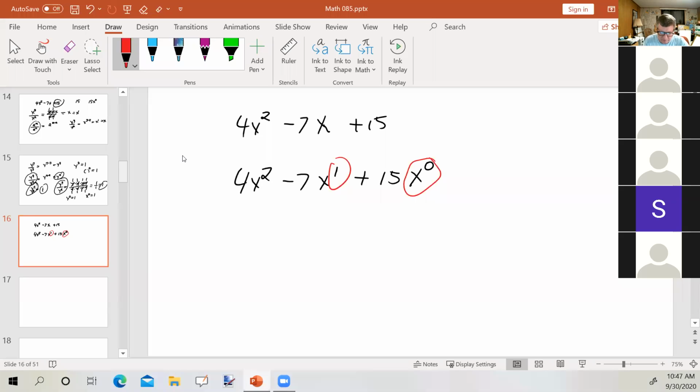So thinking in terms of that, the first term is degree 2, the second term is degree 1, the third term is degree 0. Now, this can be confusing because if I say this is a term with a coefficient of 15, it's degree 0, you might think I mean that, which is 1. But we're looking at this through our algebra glasses.